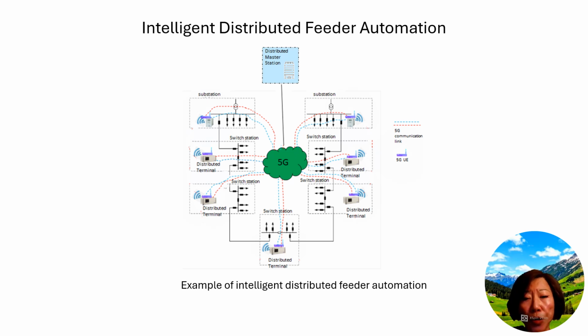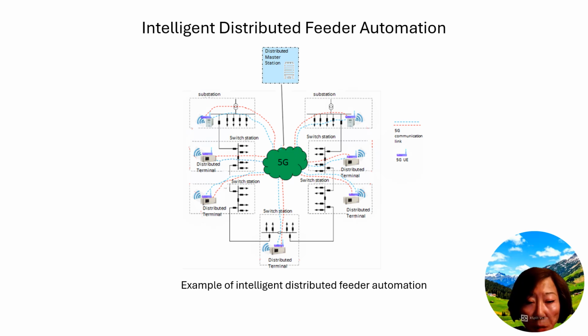As the diagram shows, this system comprises a distribution master station, distribution terminals, switch stations, and the communication system, which includes UEs in substations, the 5G network itself, and the data network. The distribution master station is primarily used for information gathering and human-computer interaction.